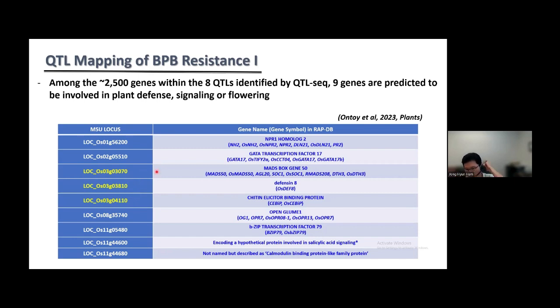One of them is the MADS-box gene, which is known to be a regulator for the days to heading phenotype, which is consistent with our phenotype. And the 2 others are the defensin gene and the chitin-binding protein. They might be responsible for the resistance phenotype of that locus.